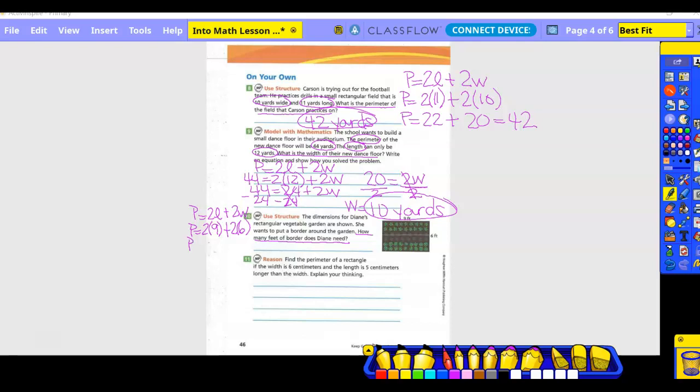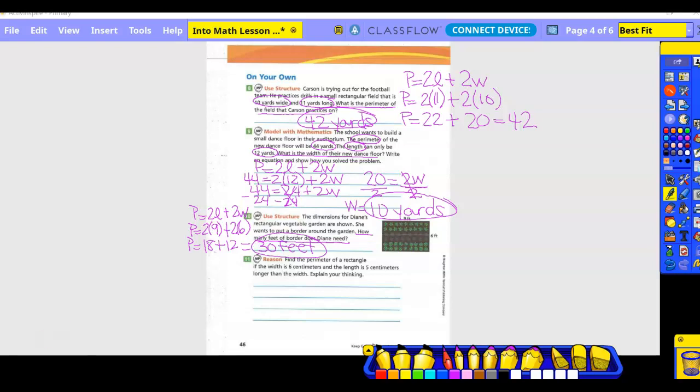So P equals, what's 2 times 9? 18. Plus, what's 2 times 6? 12. So, what's 18 plus 12? 8 plus 2 is 10, so you put a 0 and carry the 1. 1 plus 1 plus 1 is 3. So 30 feet.